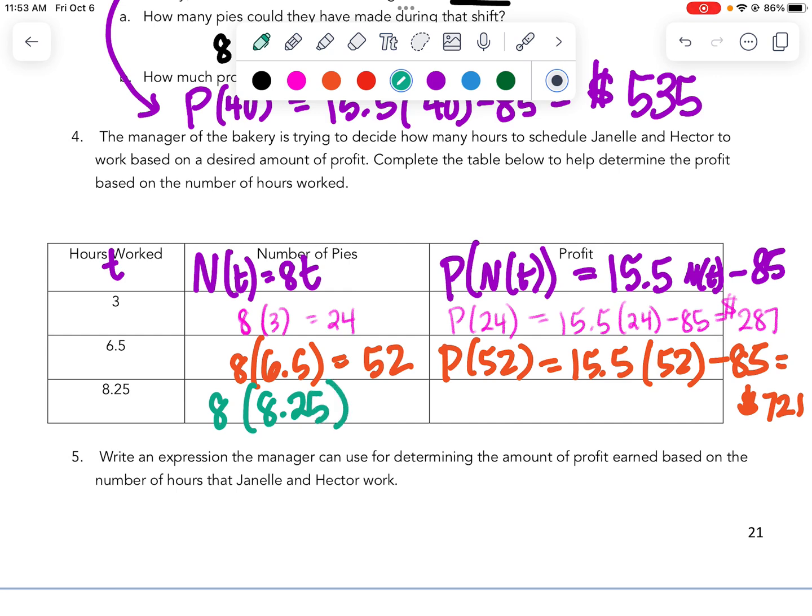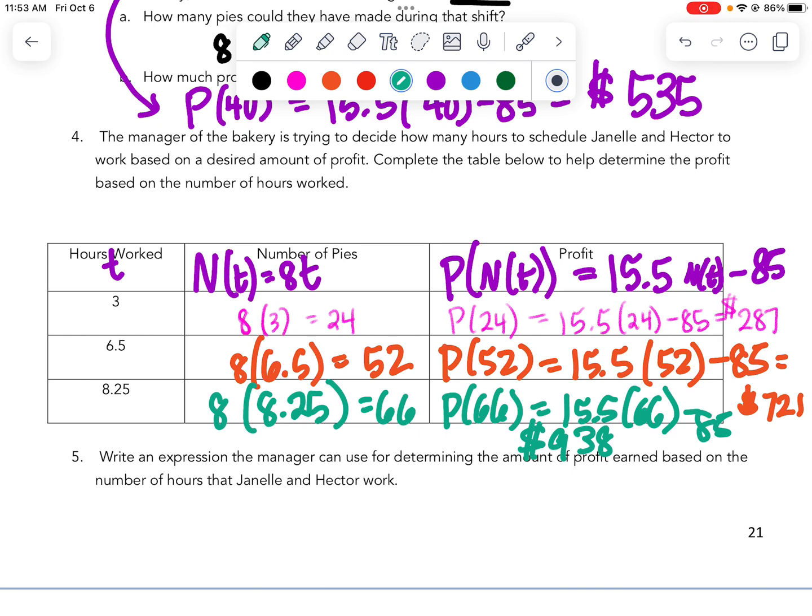That would be a total of 66 pies, and the profit of 66 would be 15.5 times 66 minus 85, which would be $938.